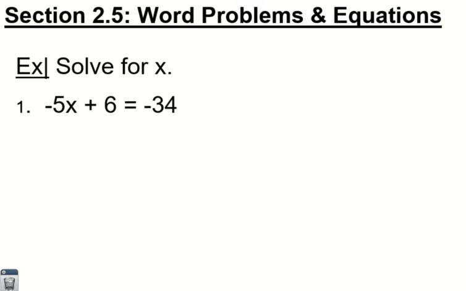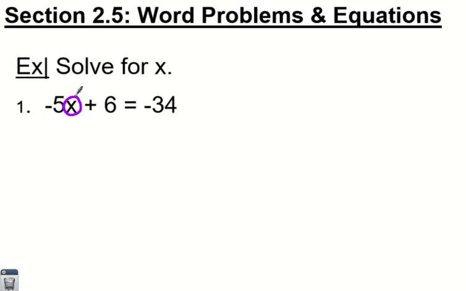The next priority is, are there any like terms already on the left side together or already on the right side together, and you would just combine those. That doesn't apply here. So for now the next thing we want to do is get this x by itself.